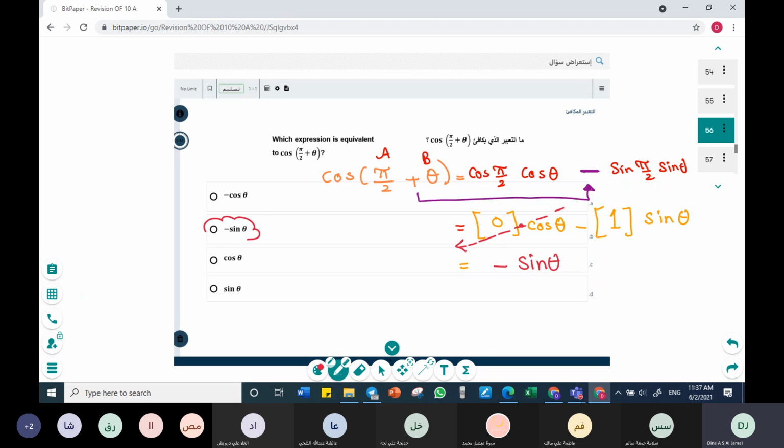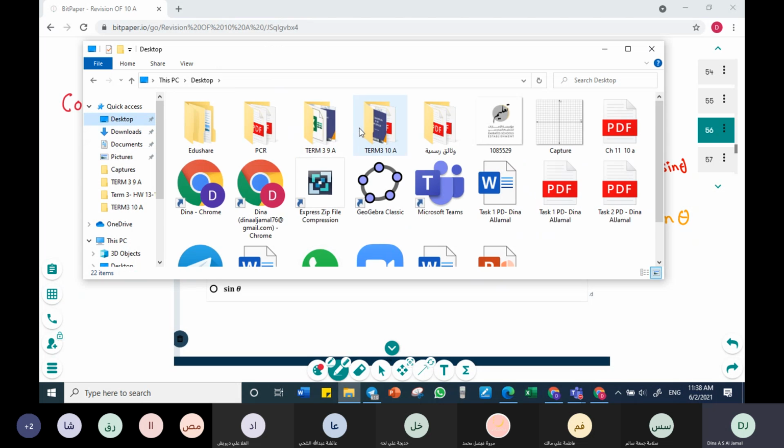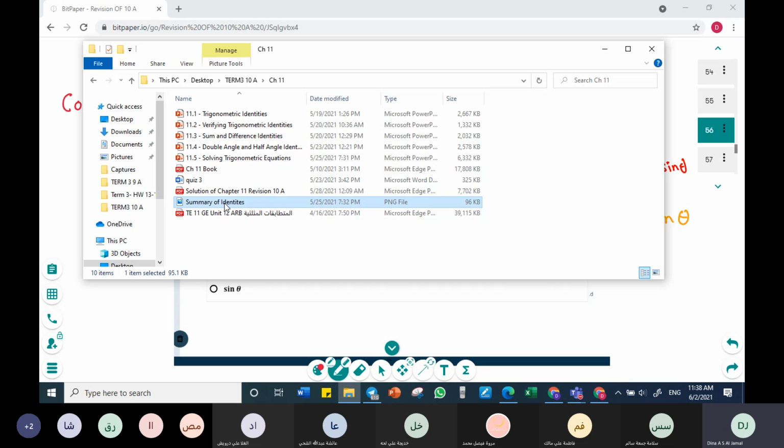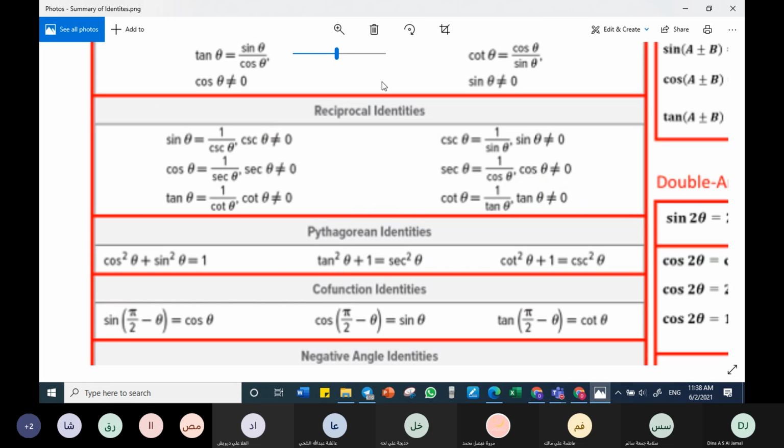This is my answer. Okay, what is the other way? The other way will be using your co-function identity, and this is there in your summary. Let me show it to you here if I can get it. So here is the summary of the identities. Let's have a look. The co-function identities.